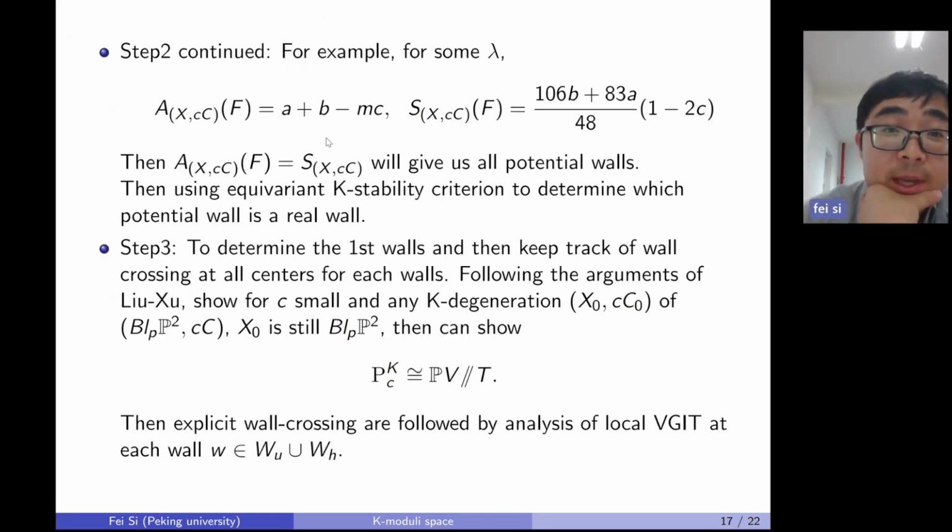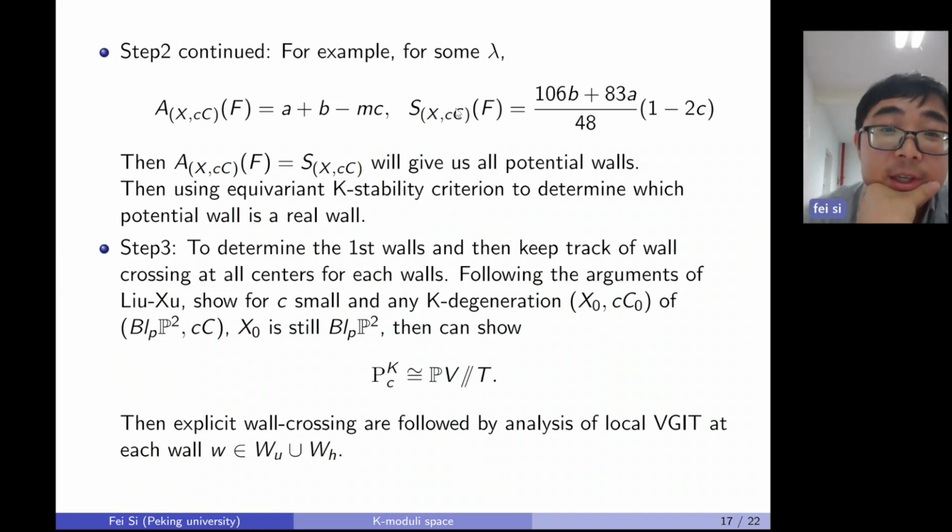We actually explicitly compute this beta invariant for all the possible one-dimensional tori. For example, for some one-dimensional torus with some weight on P2, we compute this A function and S function.